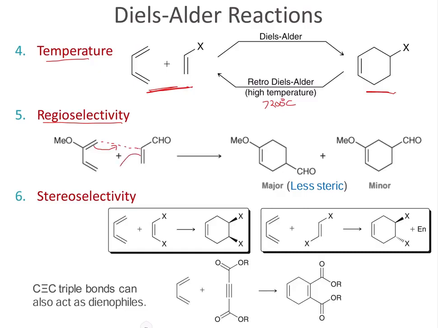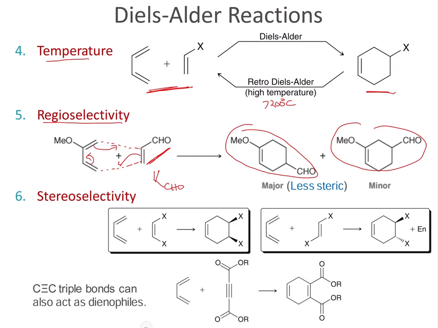This goes here, we create a new bond. This goes here. So that's going to look like what we have over here. But remember, this compound is flexible, so it could also reorganize itself into this format. So that way we can end up forming the major product.